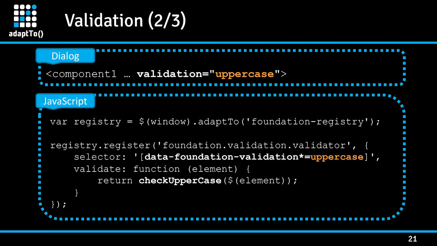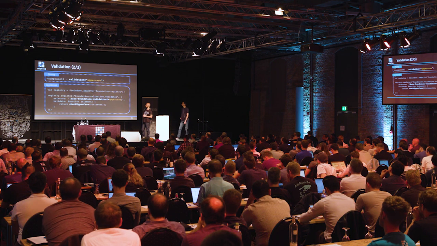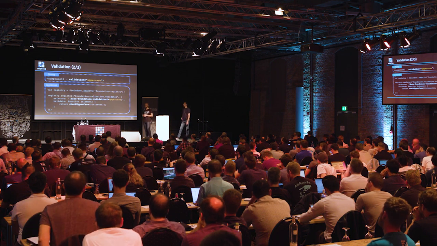In the selector, in our case, we are looking in the DOM for the data-foundation-validation attribute, which has the uppercase validator. And then you also have to hook your validation function in order for it to be triggered. In this case, we call it checkUppercase, which will receive the element to validate.